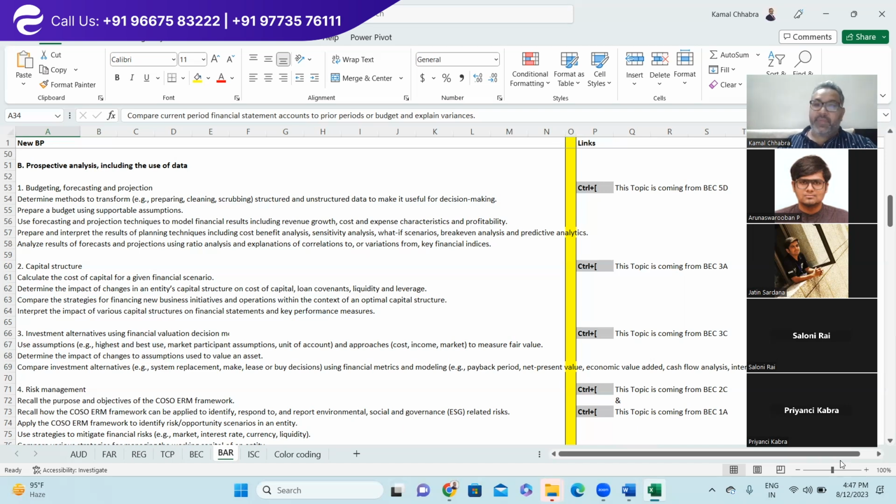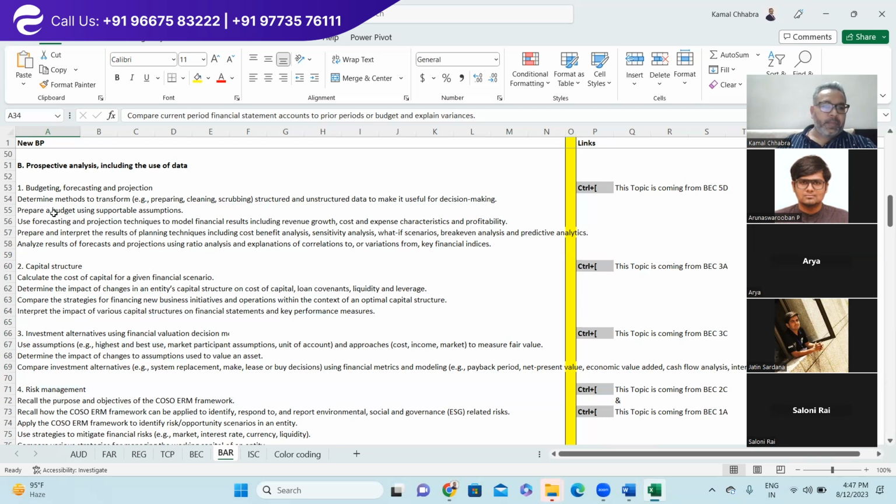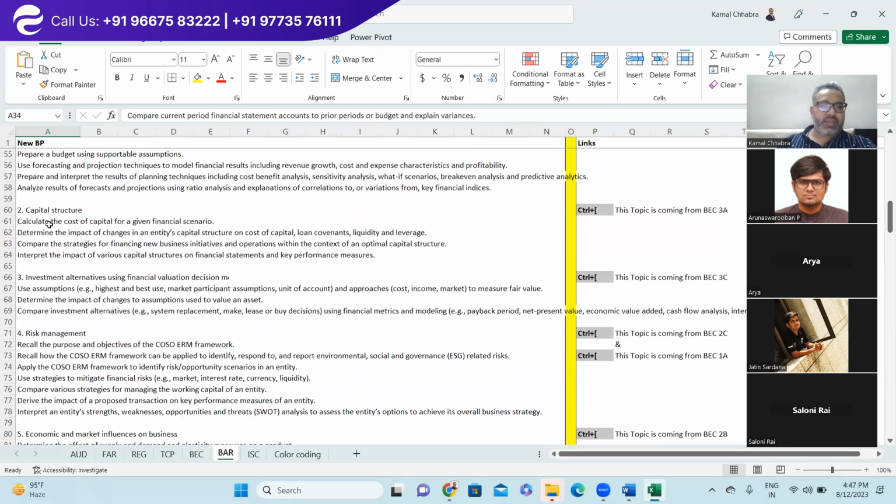But if you are in an FP&A profile, you'll be directly working with them. So that will take your career path to the next level in a very short time. Make sense? Yes. Okay, so next is capital structure.